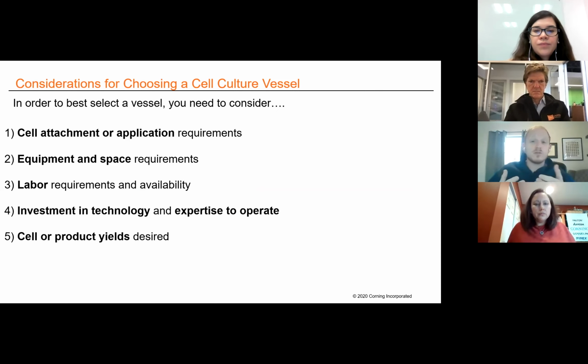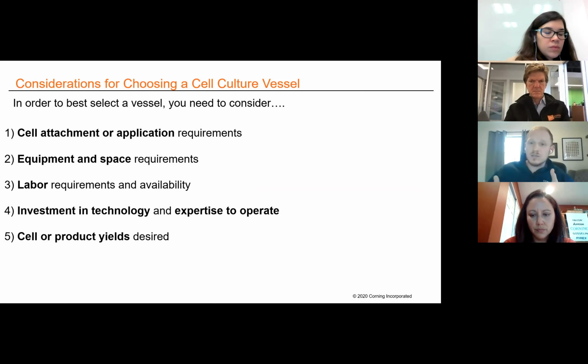So that can be a cell culture vessel that is coated with a biological coating. If you have a certain cell type that, for example, needs a collagen coating, if you have a certain cell type that needs better oxygen distribution in the vessel. So the first consideration is this vessel compatible with the cells that I'm trying to culture? Second is equipment and space.